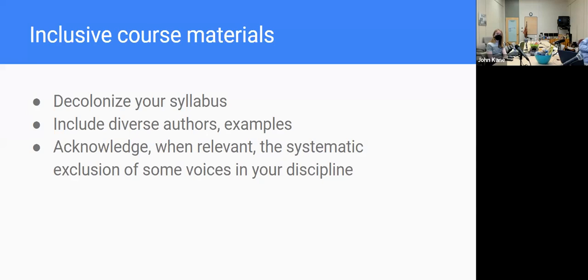So really call out those limitations in our disciplines and talk about how that kind of decision making, focusing on those problematic foundations of our disciplines, can be quite exclusive of people. If people aren't represented, let them know that you're aware of that, and that it's an issue that should change. Just acknowledging that can be useful.